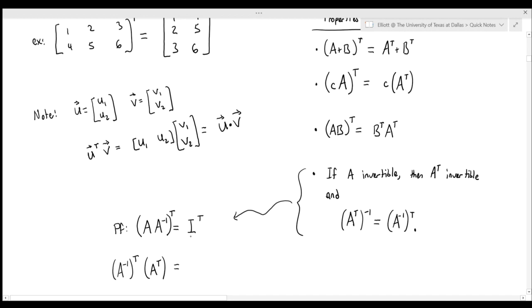to the transpose of the identity matrix. But if you guys think about it, what is the transpose of the identity matrix? What happens if you take the identity and you transpose it?